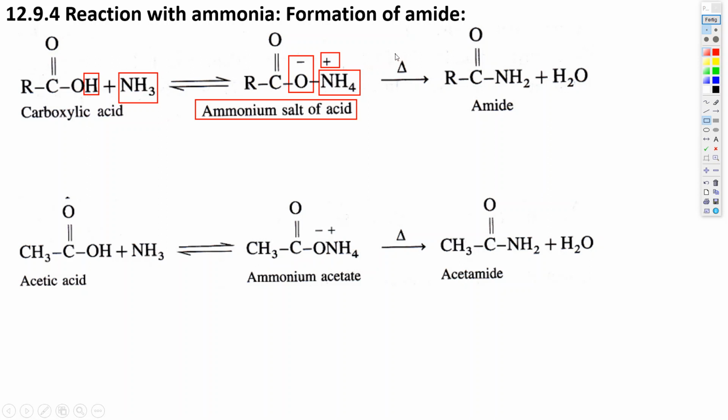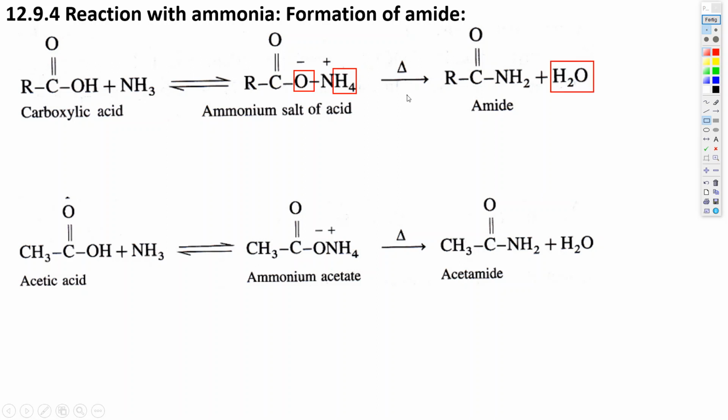On heating this ammonium salt of the acid, it will lead to a minor product. After heating, what will happen? The water molecule gets evaporated. How does the water molecule get evaporated? Out of the 2 hydrogen atoms from NH4 and 1 oxygen atom, it will form the minor product H2O.